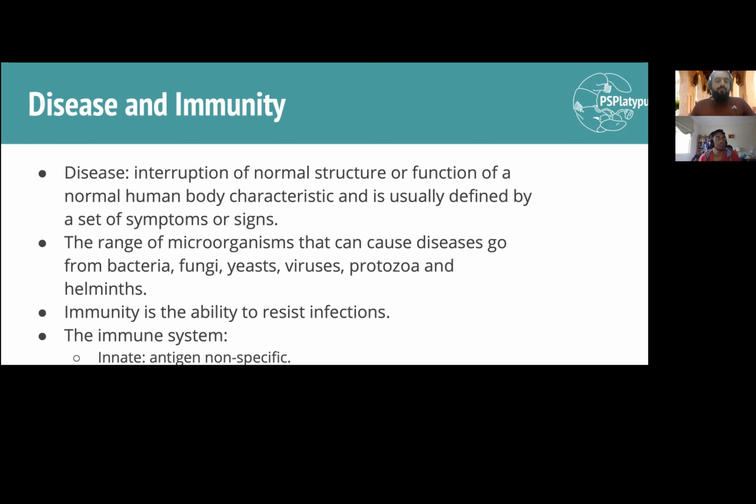Immunity can be defined as the ability to resist infections, and we have two types of immunity, or two immune systems. We have innate immunity, or innate immune system, which is an antigen non-specific immune system, and then we have adaptive immunity, which is antigen specific.